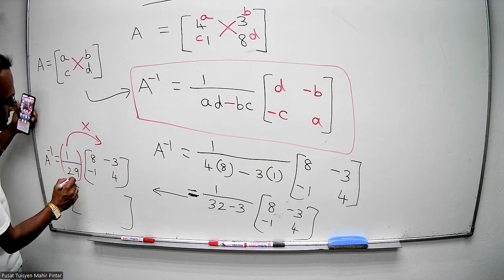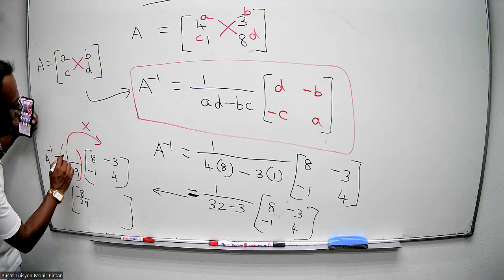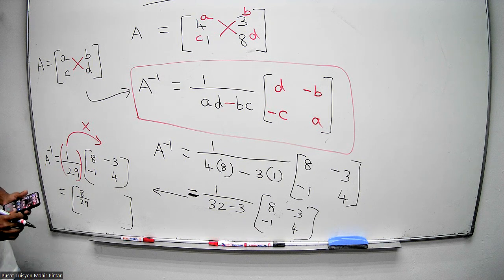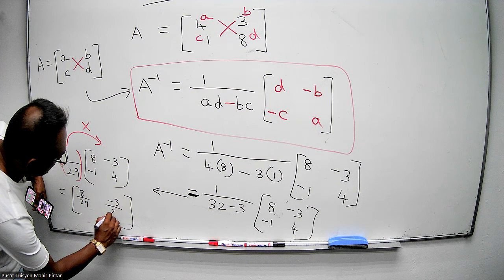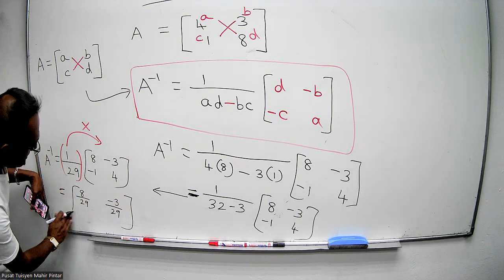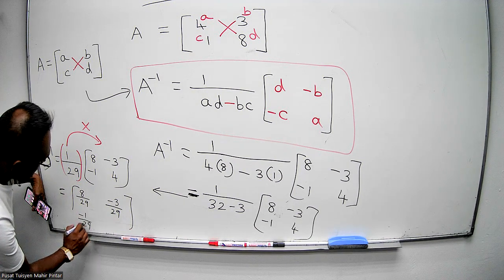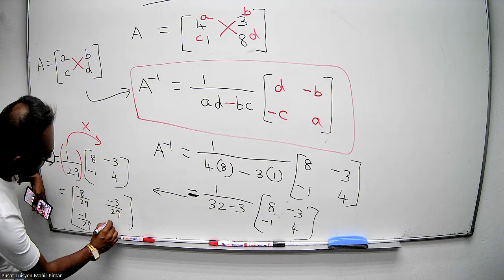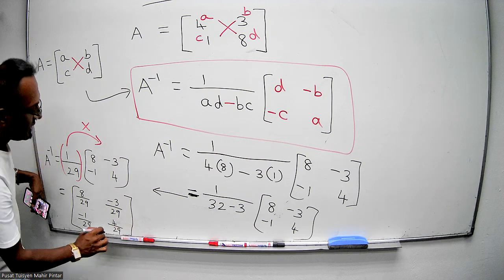If you times these two, what will you get? -3 over 29. And if you times these two, what will you get? -1 over 29. And these two? 4 over 29. Correct. That's how you have to do it.